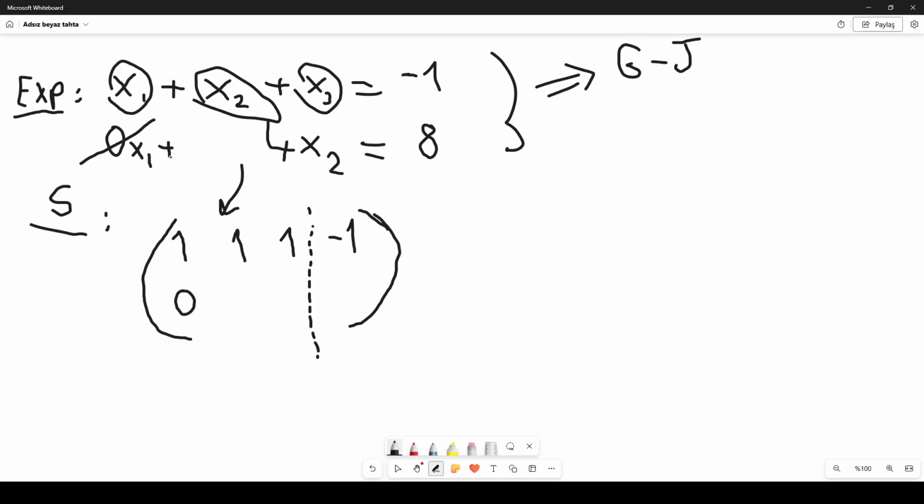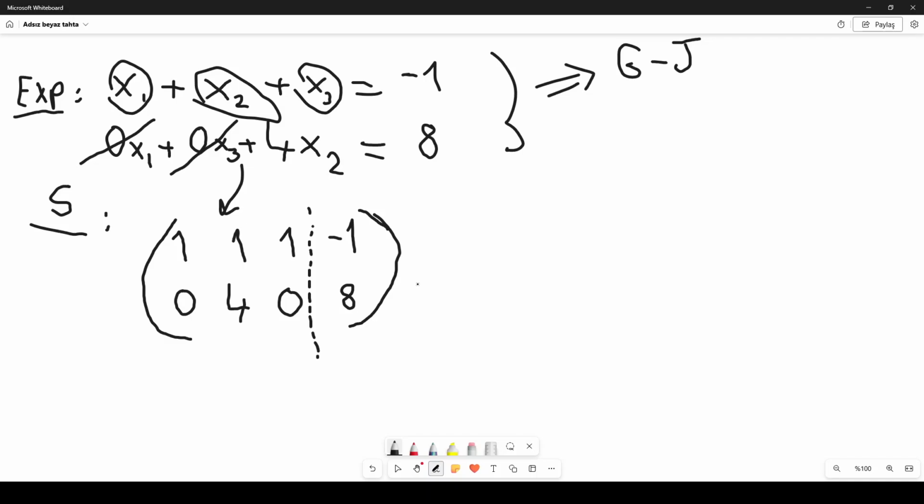And there is no x3, so we have 0 x3 as well, and its coefficient is 0. The coefficient of x2 is 4, and we have 8 on the right-hand side of the second equation. Now I have turned my given system into its augmented matrix form. Then what am I going to do after this point?